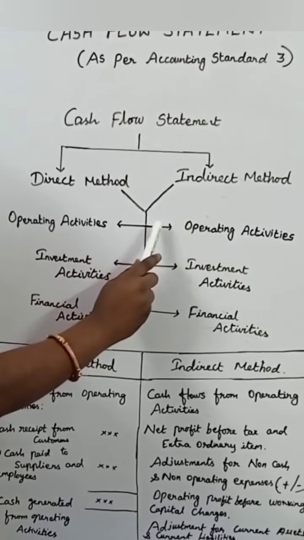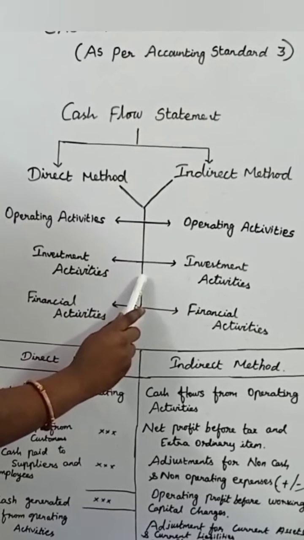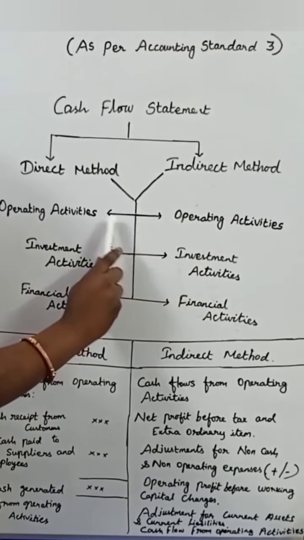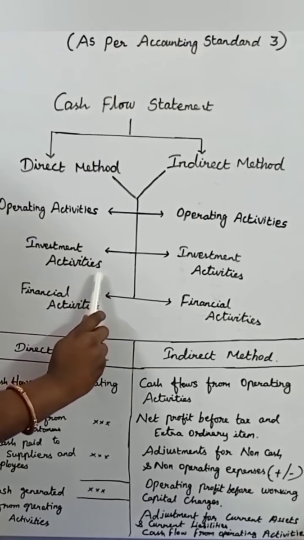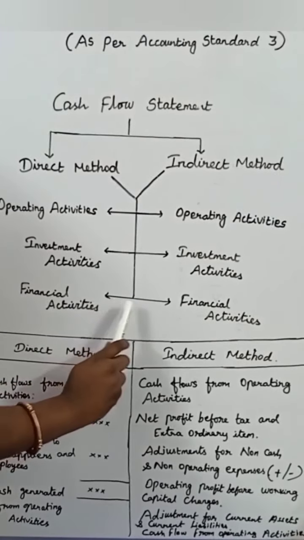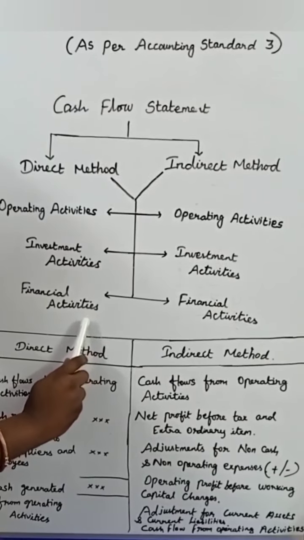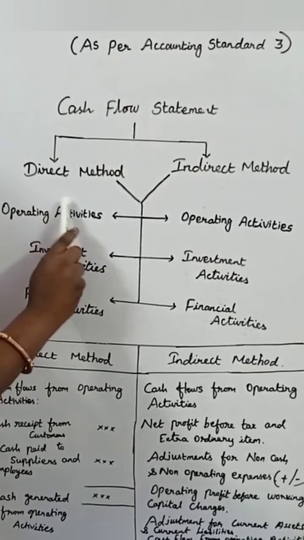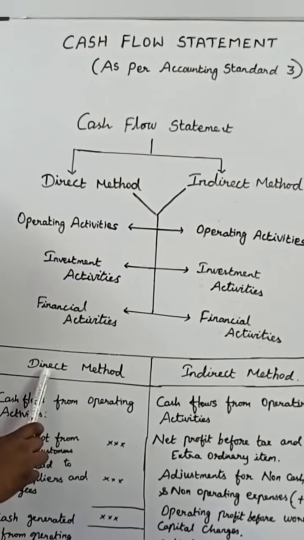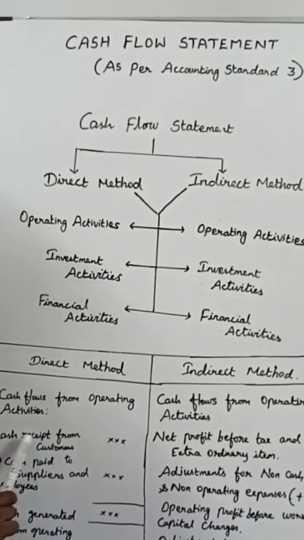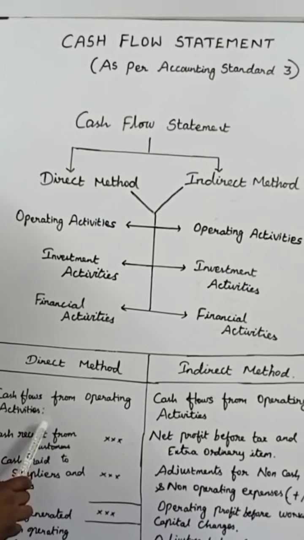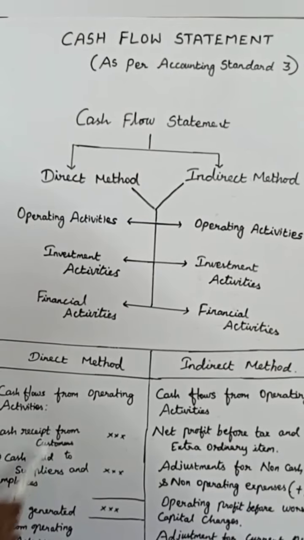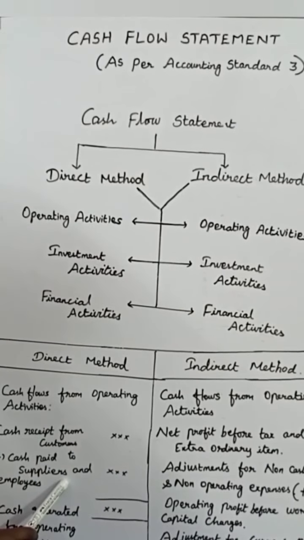Under both methods, we have cash flows from three major activities, that is, cash flows from operating activities, investment activities and financing activities. The way in which we arrive at the operating activities will differ. Under the direct method, cash receipts from operating incomes and cash payments for operating expenses are presented in the cash flow statement.